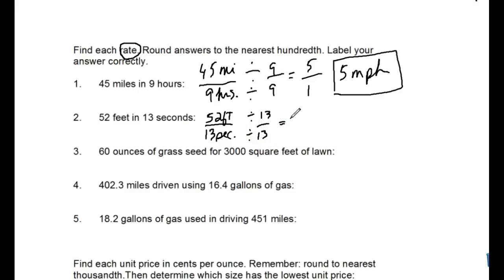So we're going to get 4. 52 divided by 13 is 4. 13 divided by 13 is 1. So we have 4 feet for every 1 second. That's 4 feet per second. So that's how you would write the label with abbreviations.